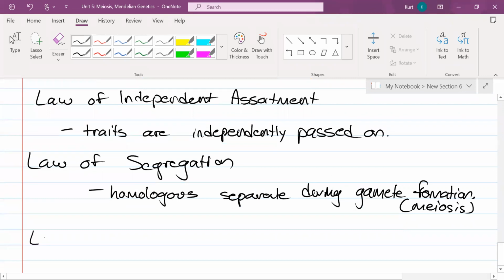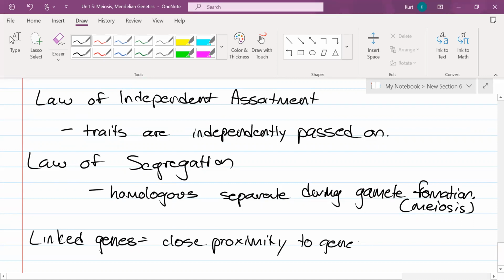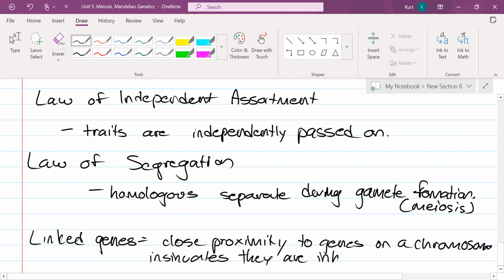It's called linked genes. Now, these are genes that are not related to each other, but the fact that they're so close to each other on a chromosome means that they're likely going to be passed on together. So this is just close proximity of genes on a chromosome insinuates they are inherited together.